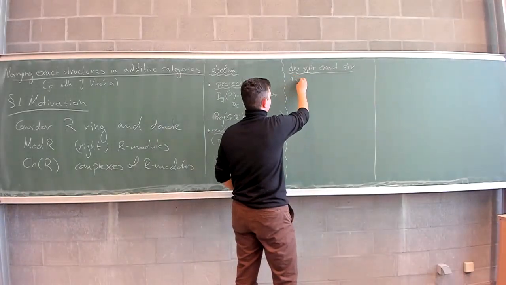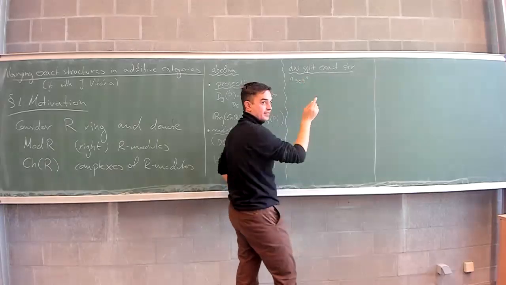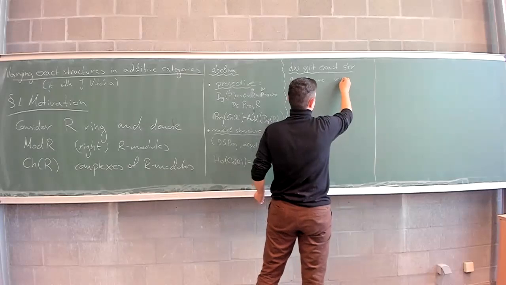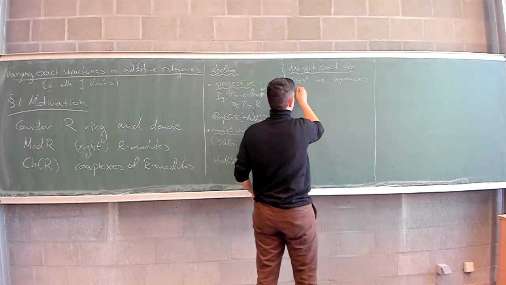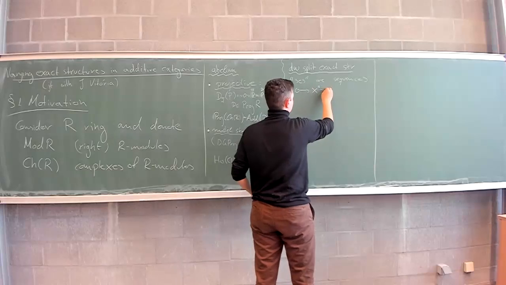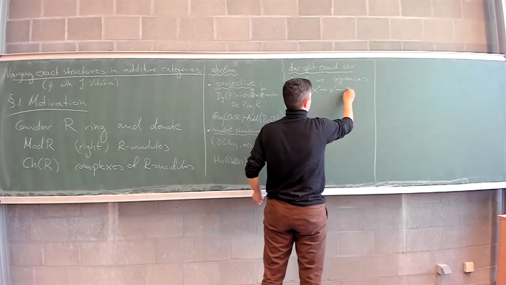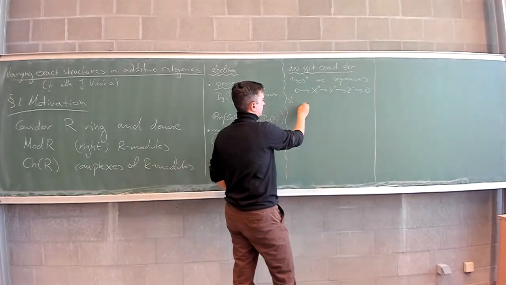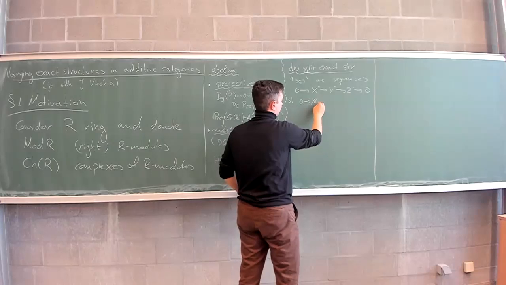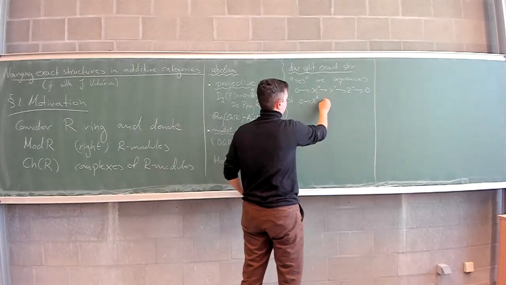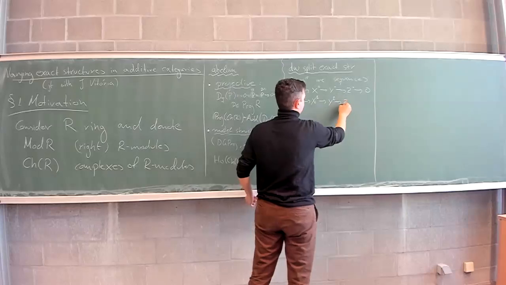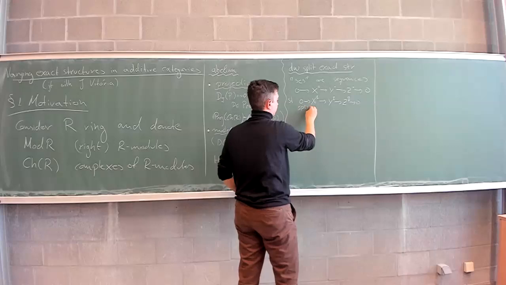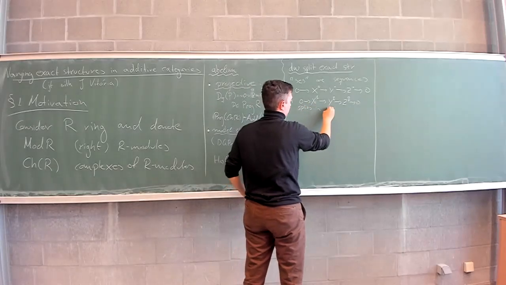Okay, so in this case, you want to say degreewise split exact structure. Let's say in quotes that the short exact sequences here are sequences of complexes of R-modules such that in each degree this short exact sequence splits in Mod-R.